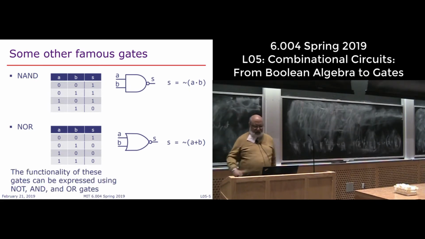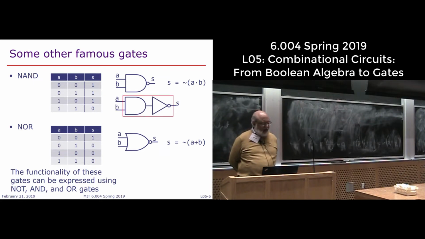Now, the interesting thing about these gates is that their functionality can be expressed using other gates. It's obvious that I could have written that NOR gate simply, and somebody may think it's just a shorthand: you don't want to draw such a big picture, so you turn it into a small circle and attach it.